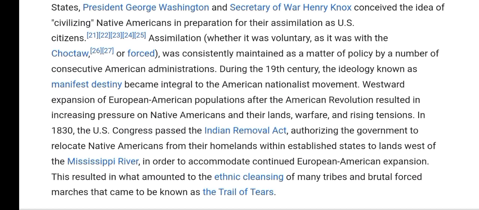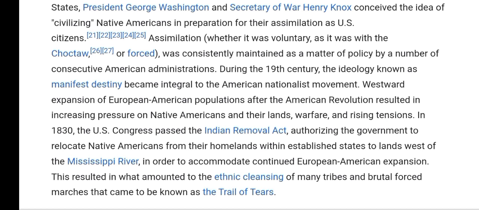Westward expansion of the European American population after the American Revolution resulted in increasing pressure on Native Americans and their lands, warfare and rising tension.